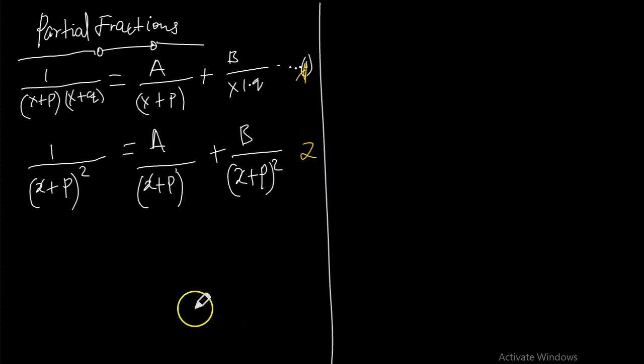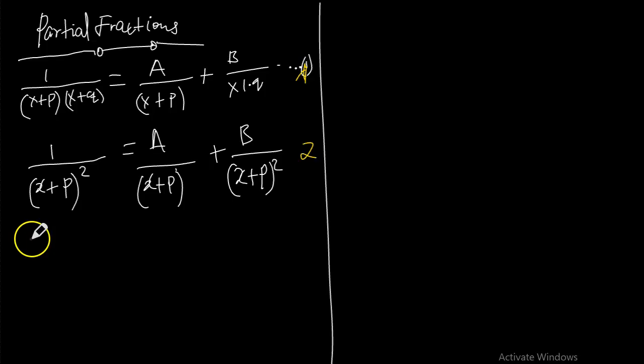So what is the third type that we also discussed? It is algebraic fractions with a quadratic factor in the denominator. When we have a quadratic factor in the denominator, we can split that.